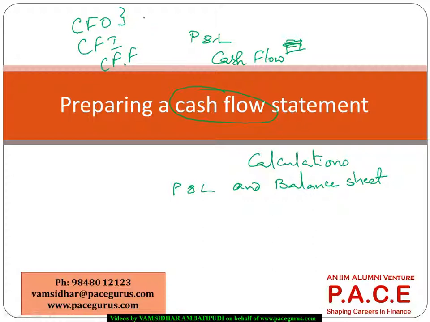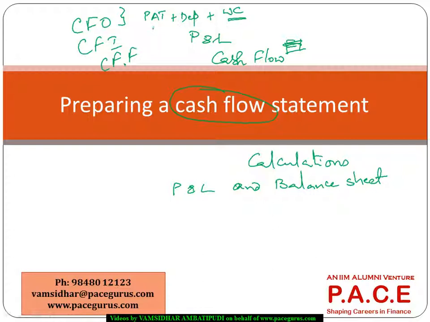So anything to do with operations, we generally start with PAT plus depreciation and any adjustments happening to the working capital. Working capital adjustment is majorly to do with any short-term fundings or short-term payments. All those affect my working capital.